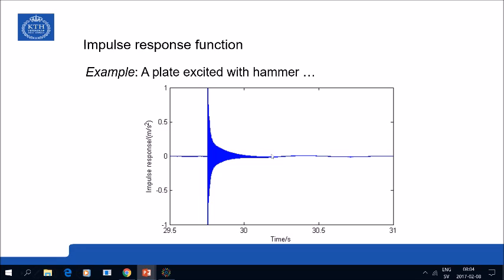And you can see here there's a low amplitude, low frequency vibration that remains for quite a while, and that is in fact the rigid body vibration of the plate.